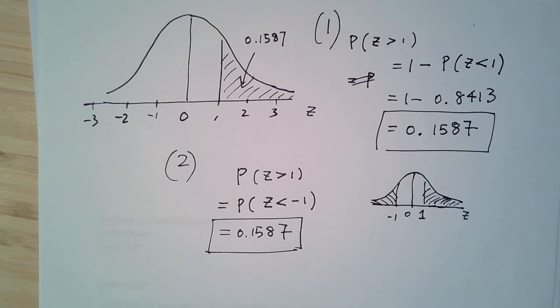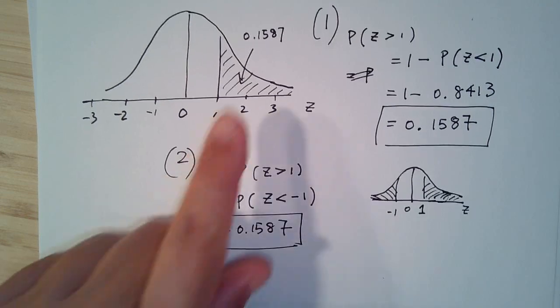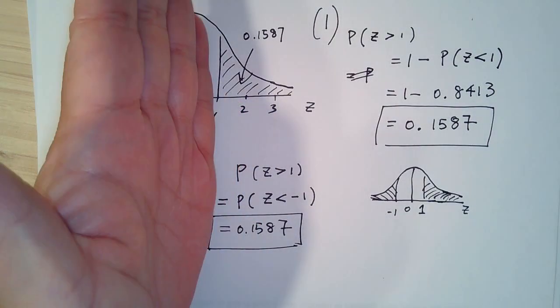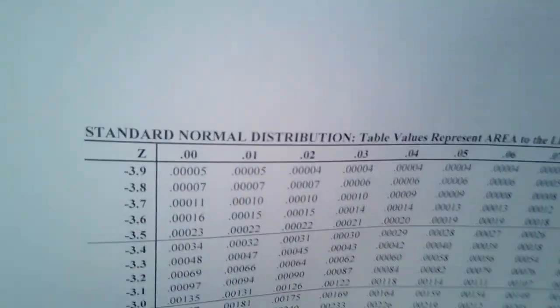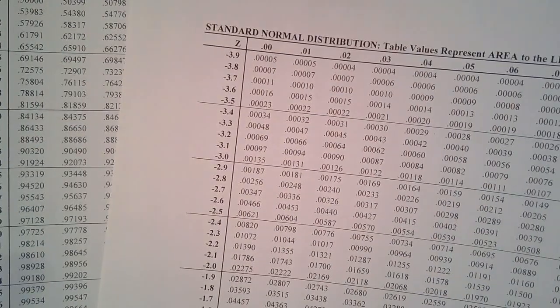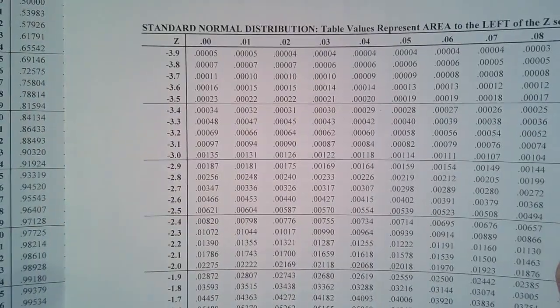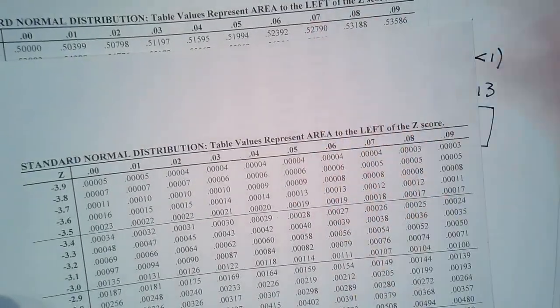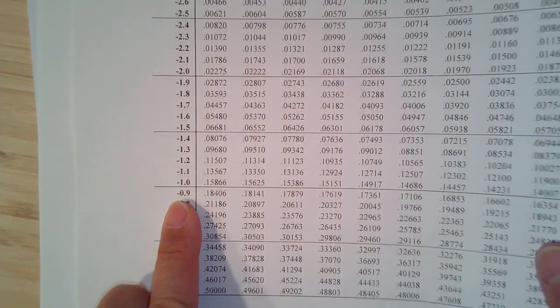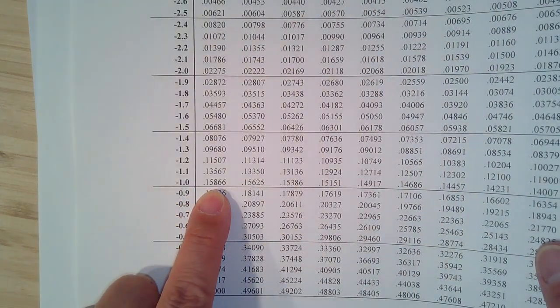All right. So now I know how to find the area from a number to the right or to the left. The other one is you can print out this table because this table has a larger font. I like this table a lot because this is also to the left, which shows the same thing as the other one. We just look at it to the left of 1.00. Did you see that?